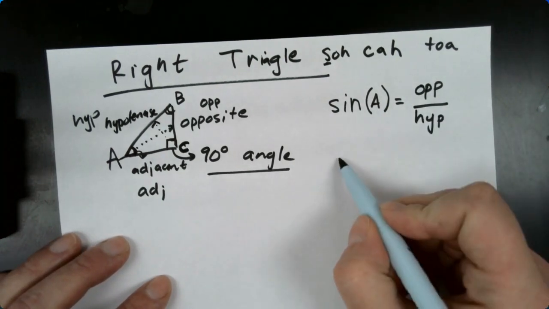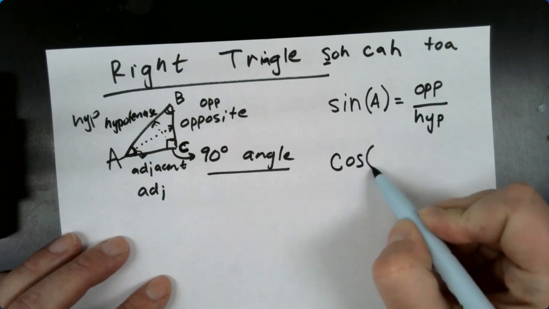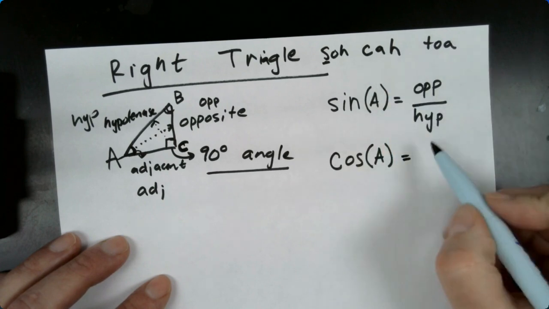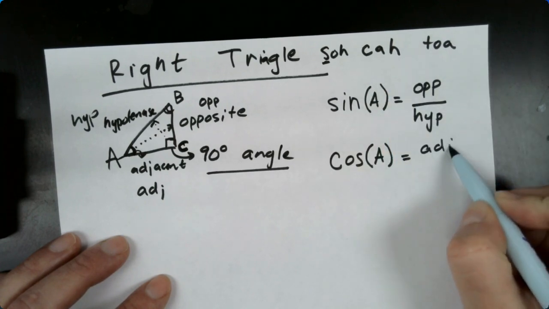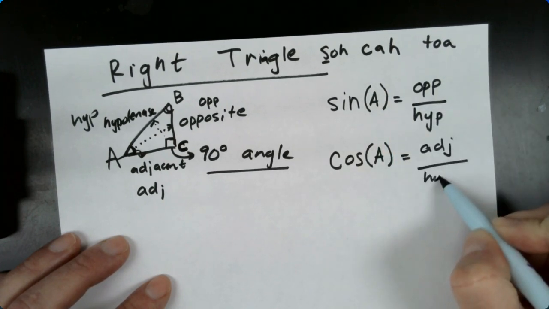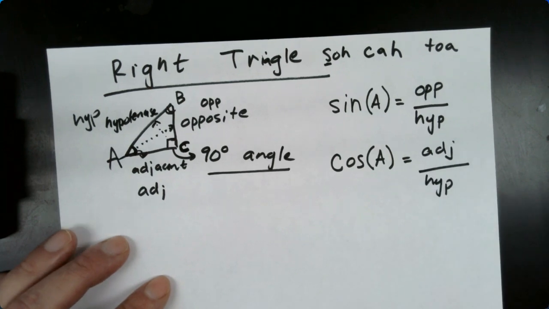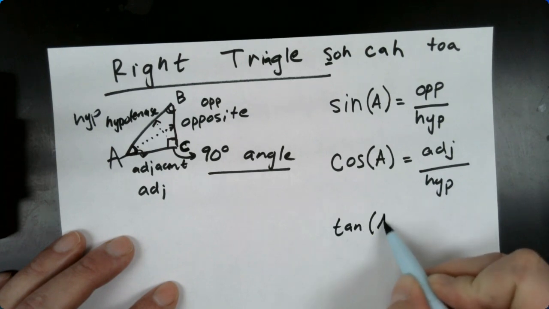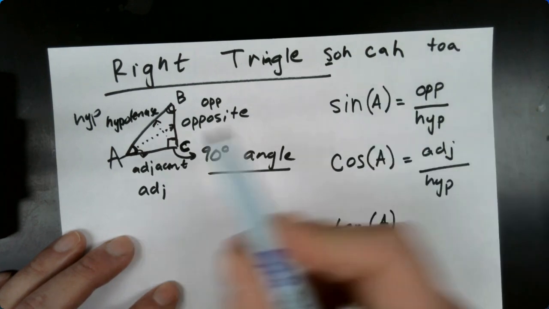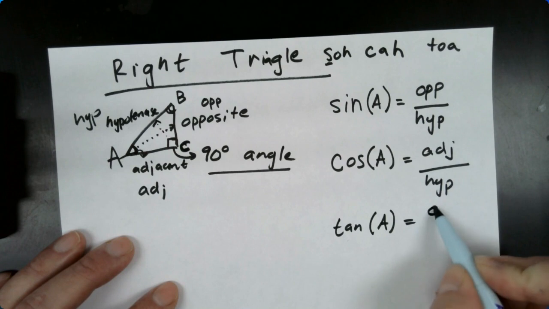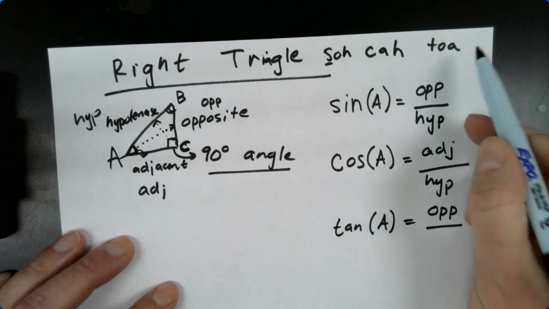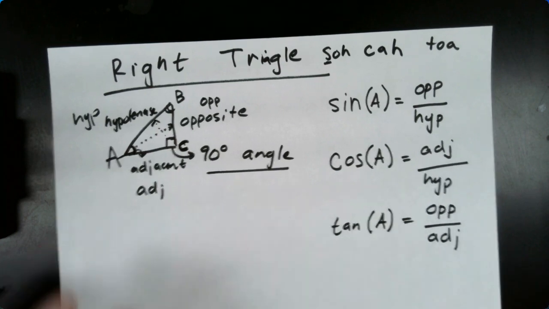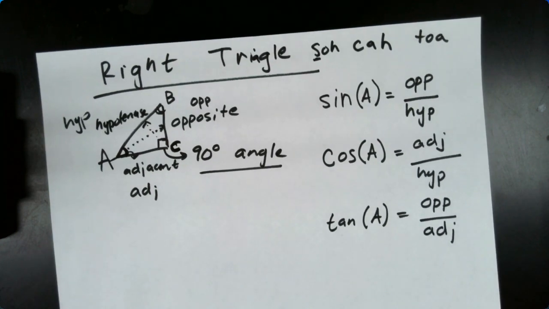And then we have the cosine of A, which is the adjacent over the hypotenuse. And the last one is the tangent. The tangent of A is the opposite side over the adjacent side.